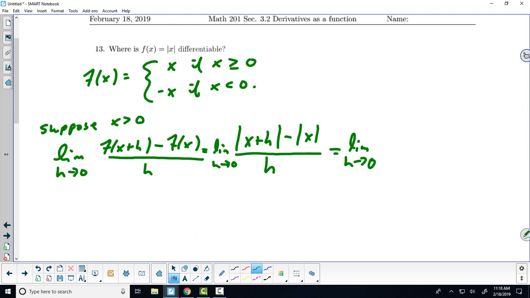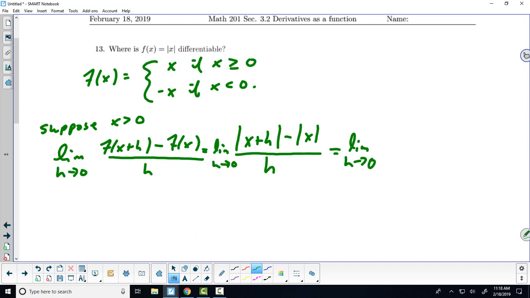I'm talking in the air through this procedure, and a lot of you might take away from this, hey, you can just talk away the absolute value. Which is sort of what I'm doing, but I'm doing it in a very specific way. It's based upon the assumptions that we made. H will eventually get tiny.